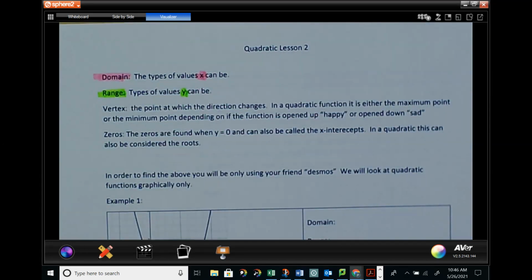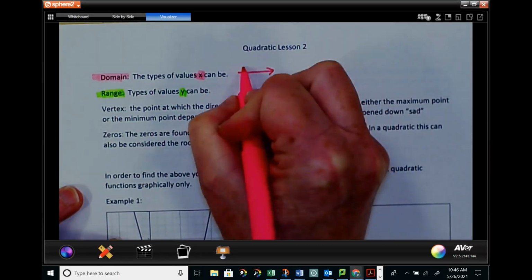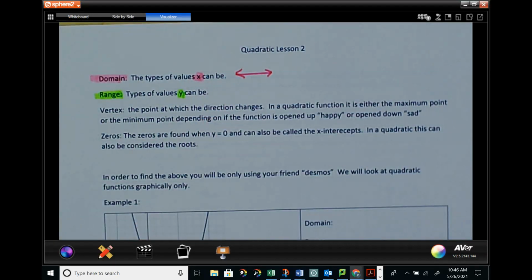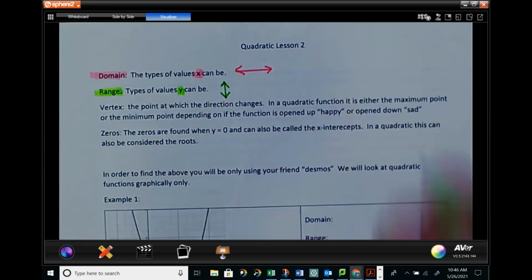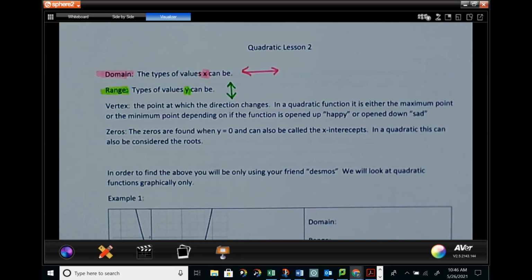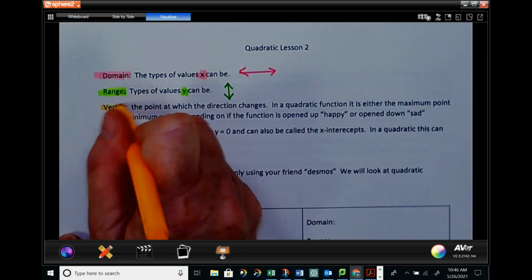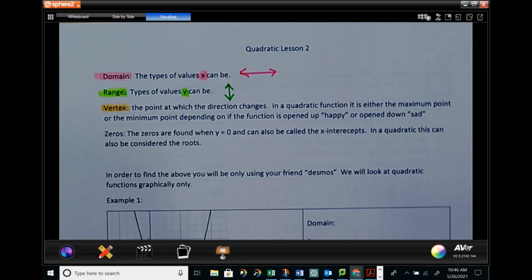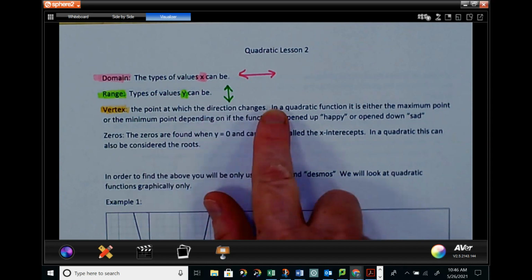Now remember that x is your horizontal axis, and y is that vertical axis. Then we're going to look at that vertex point. The vertex is just a point, and it's where it starts changing directions.